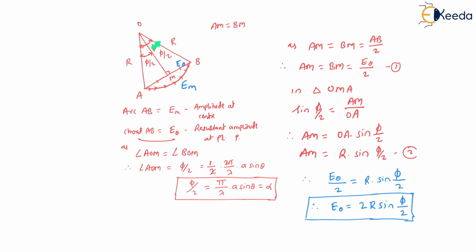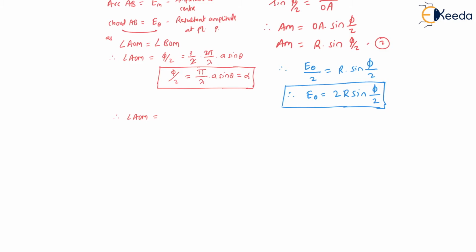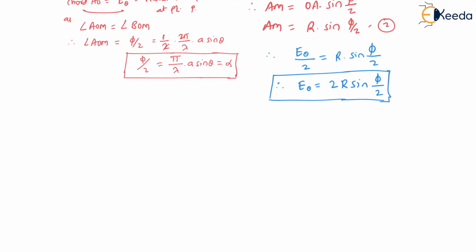This angle is equal to arc length divided by the radius. So here the whole angle is phi.